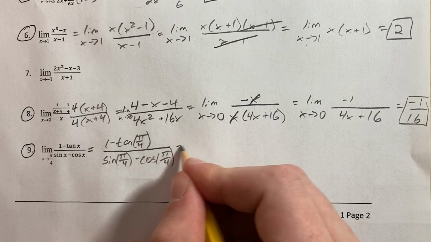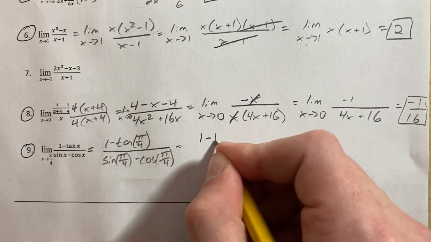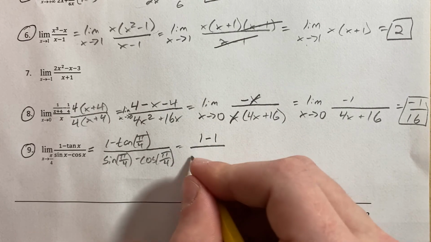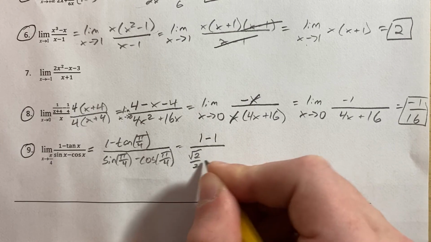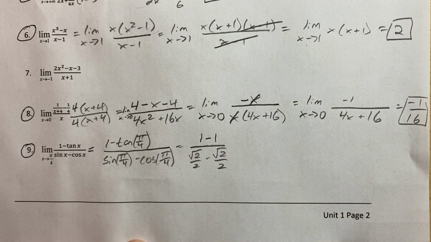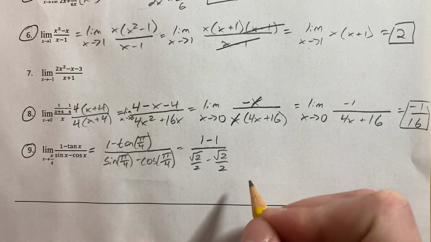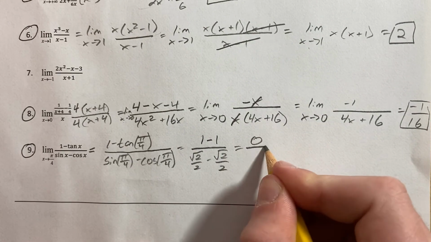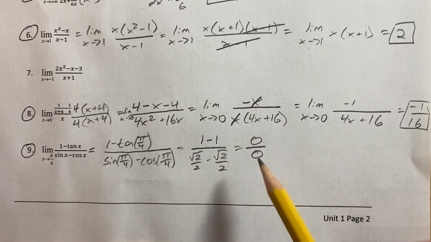Now the top is going to simplify to 1 minus 1, and the bottom is going to simplify to root 2 over 2 minus root 2 over 2, which are basic values on the unit circle. And that, again, is just going to end up being 0 over 0.